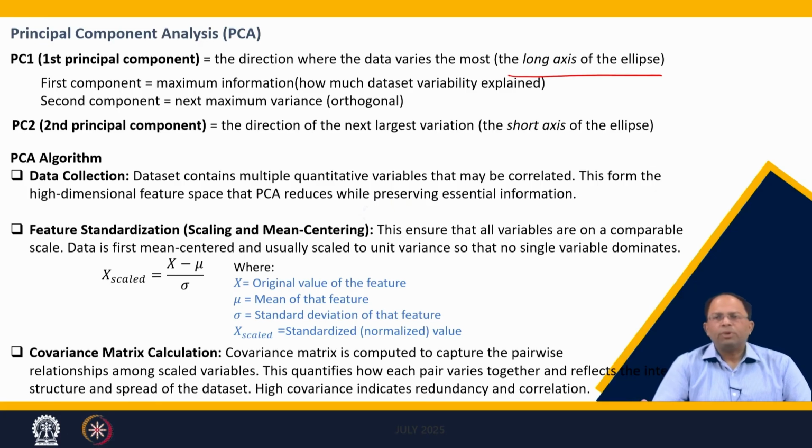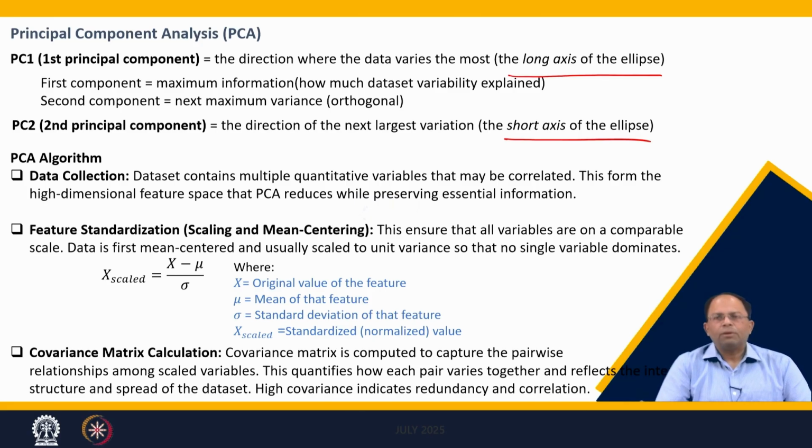And the second component usually gives the next maximum variance information, and usually it is orthogonal to this first component, right? So in case the data is in the form of an ellipse, then the direction of the next largest variation is most likely to be the short axis of the ellipse, right? So PC1 and PC2 are basically the long axis and the short axis of the ellipse that we plotted earlier.